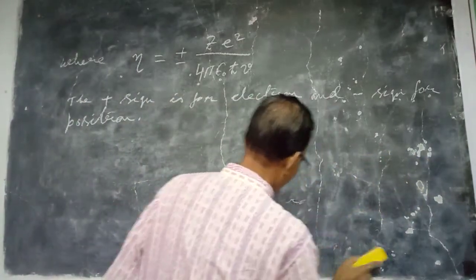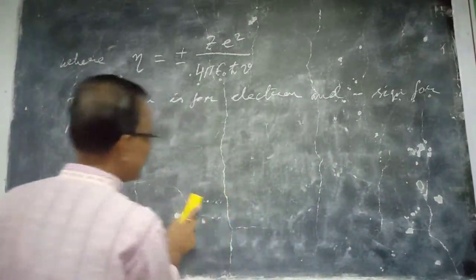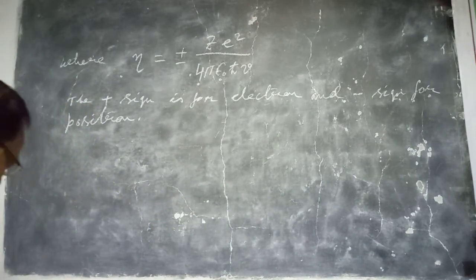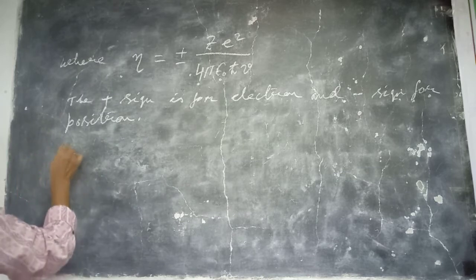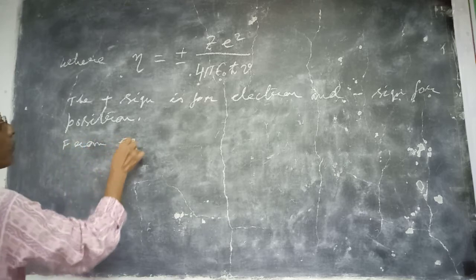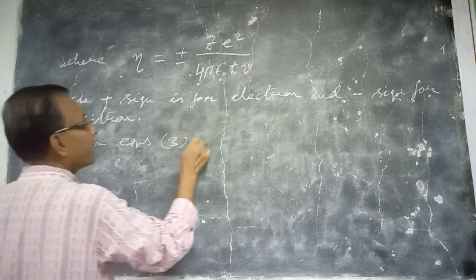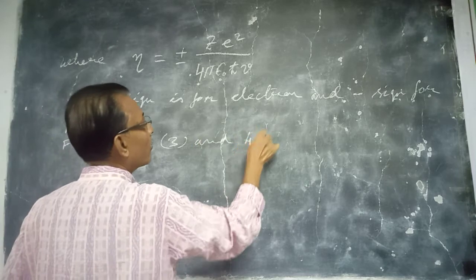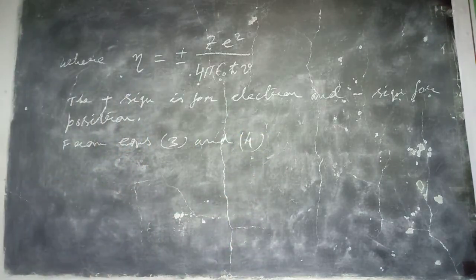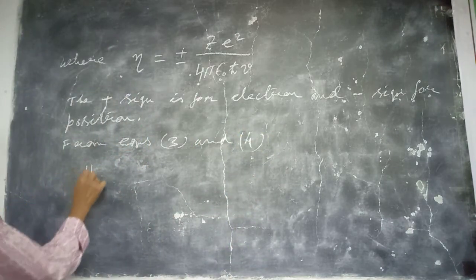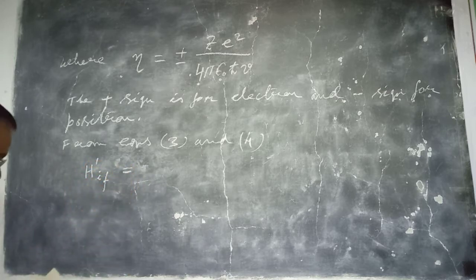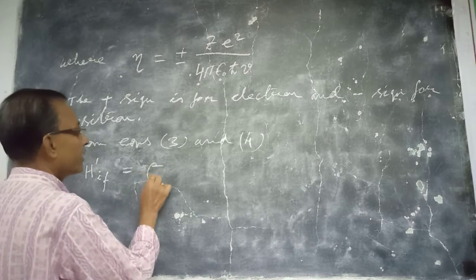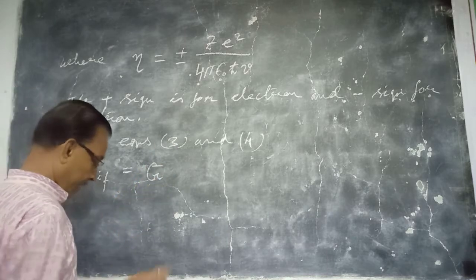Now, if we substitute all these values from equations 3 and 4, we get the matrix element H prime_if over the initial and the final state, that is the perturbation Hamiltonian, which is here taken as a constant quantity.